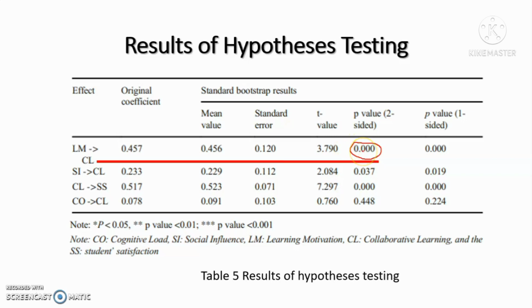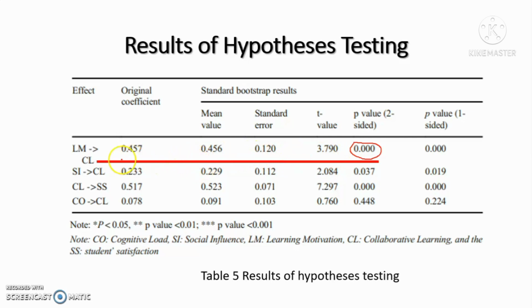It means it is smaller than 0.05. So the hypothesis that learning motivation positively influences collaborative learning is accepted.